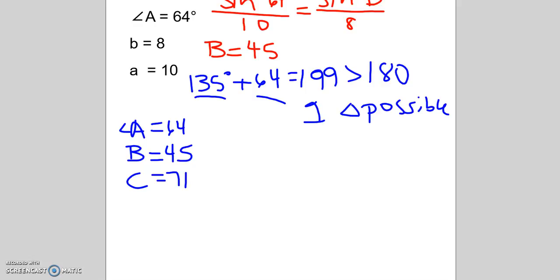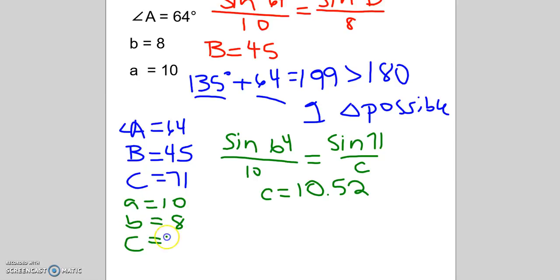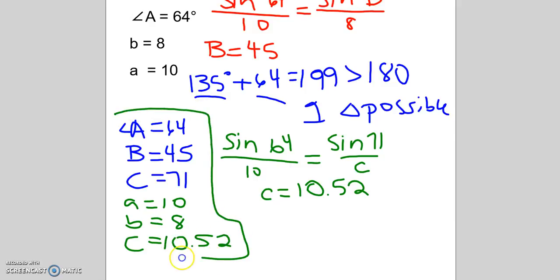And to find our sides, we're going to do the sine of 64 over 10 equals sine of 71 over C. And when you put that in your calculator, you should get C equals 10.52. So we have A equals 10, B equals 8, and C equals 10.52. And that's our only possible triangle for this problem.